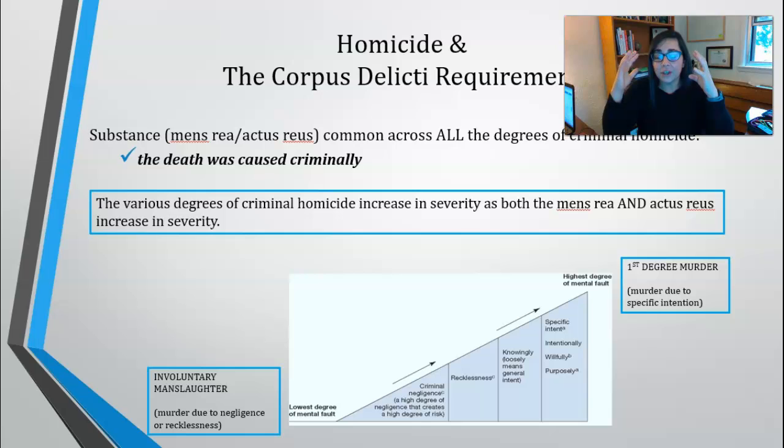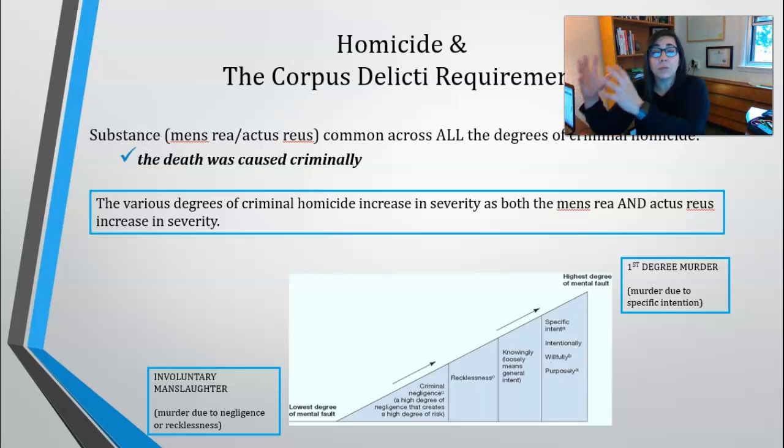You have it in your mind that you are going to commit a murder. Down, down, down, we have the different types of homicide where one person has caused the death of another, but it's because of other things like negligence, like recklessness, like something similar to an accident. And even though those are lower on the mental state scale, they're still criminal. It's just that the culpability is different.